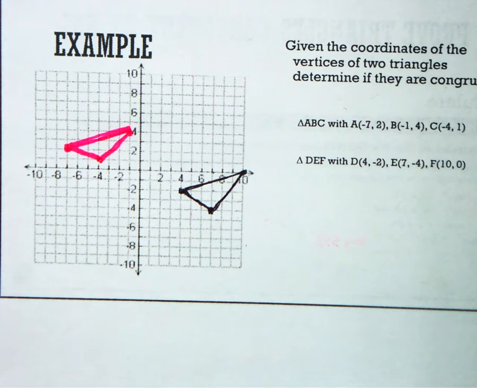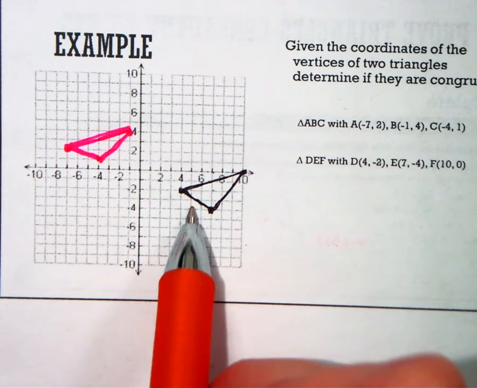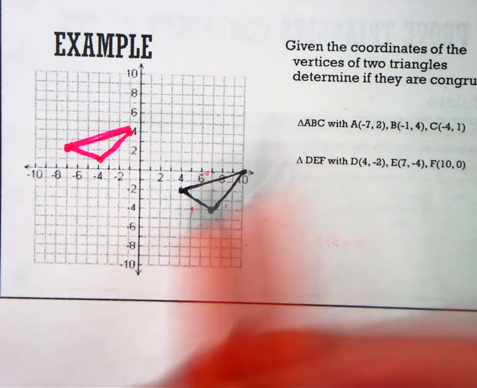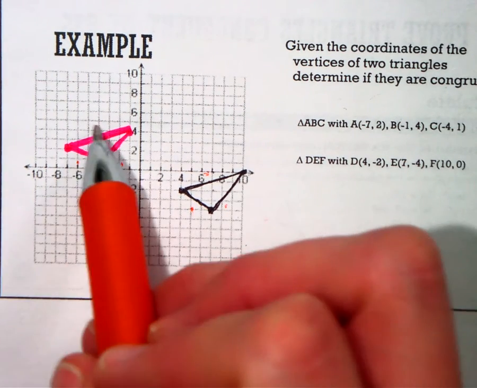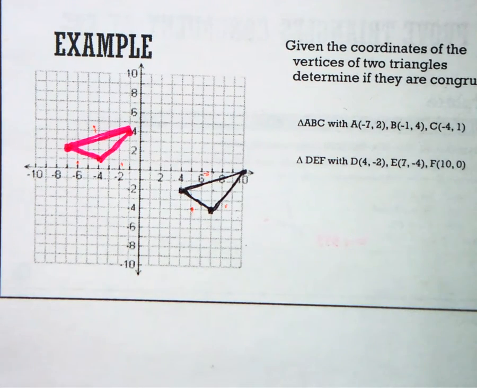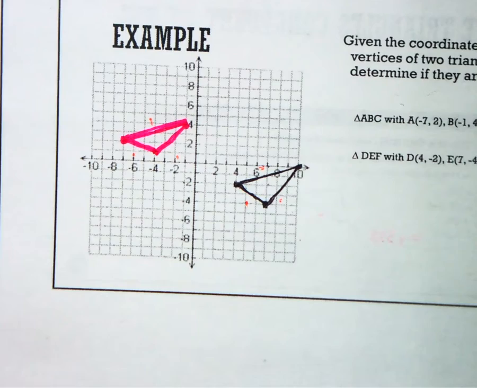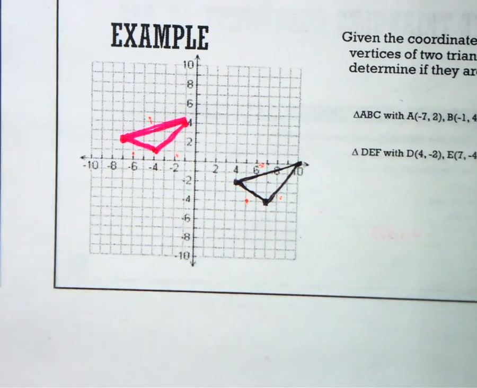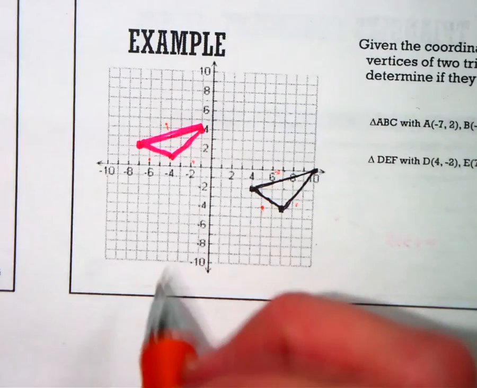So to do that, you could do the distance formula for this side, this side, this side, and then again for this side, and this side, and just show that the lengths have the same number. I think that takes way too long. So you're more than welcome to do the distance formula. I'll even write that here for you.